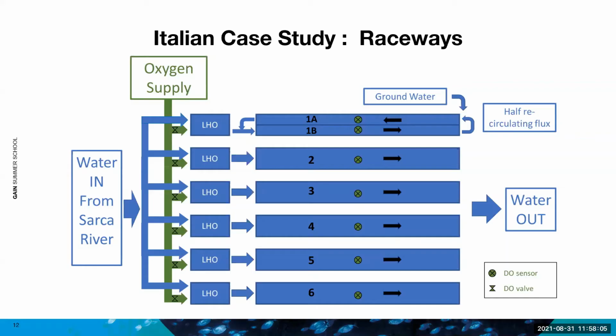In terms of sensors, the farmer is using some sensors in the middle of the raceway, and also at the end. I didn't represent it here. And there are some valves. You can see on the left side, in green, some valves that allow supplying the oxygen to the raceway.